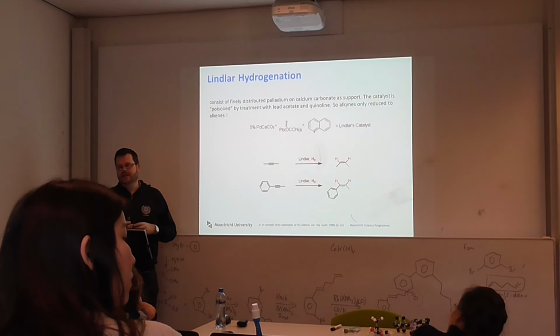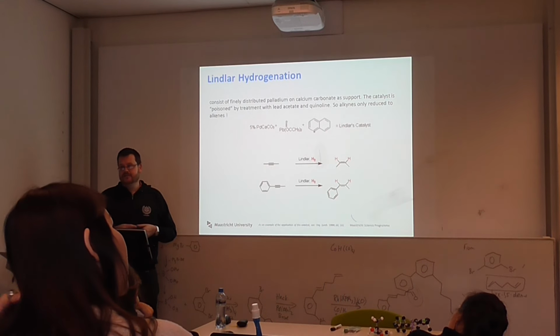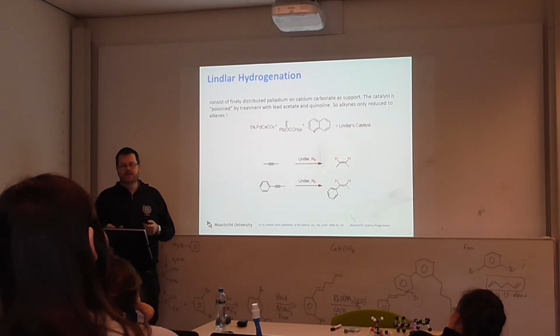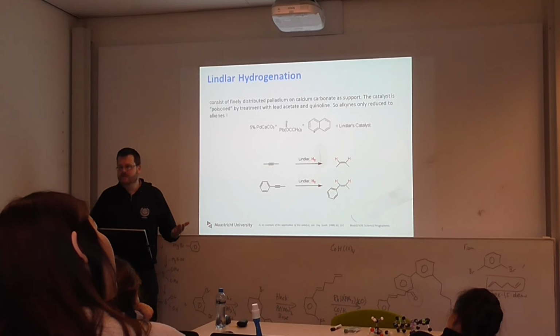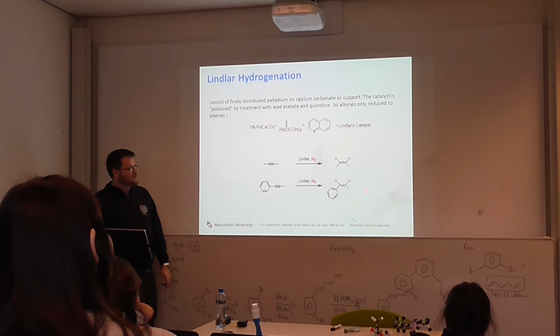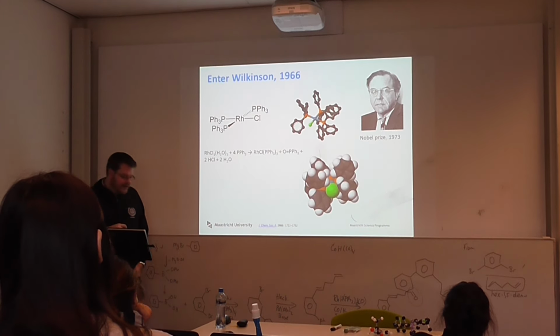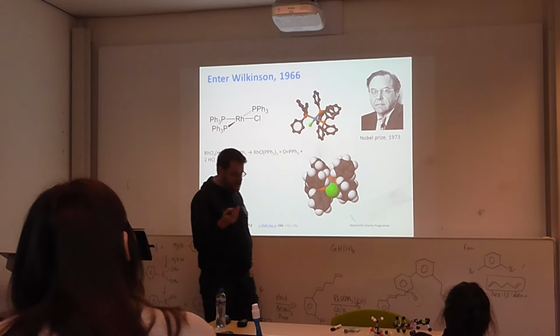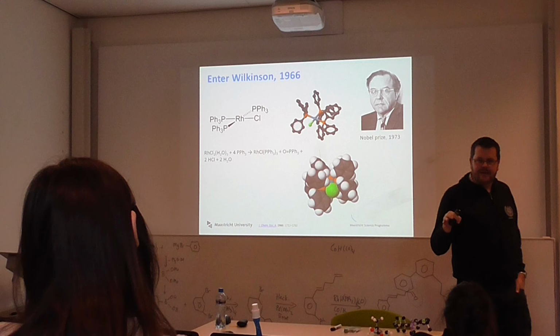But the catalysts that they made were not nearly as active as these heterogeneous systems, which are so reactive that, as you see with a Lindlar catalyst, to tame it you have to poison it. If you don't poison it, it reacts all the way through to the saturated alkane.